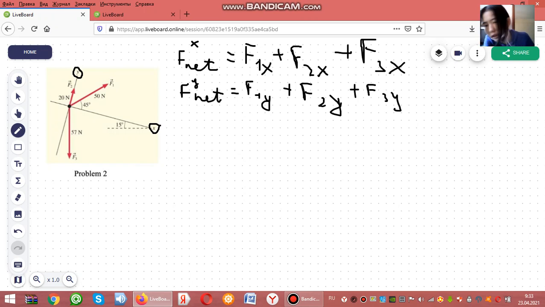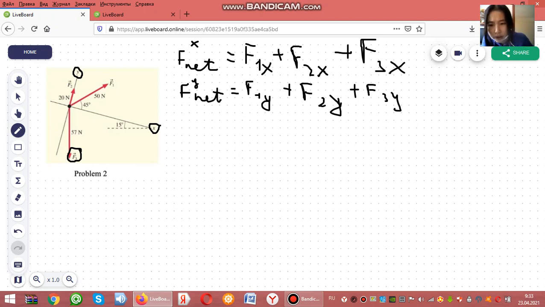And here the components of the forces are determined with respect to the axis, right? We understand this one. So here, thus, let's start from the F1 first force.